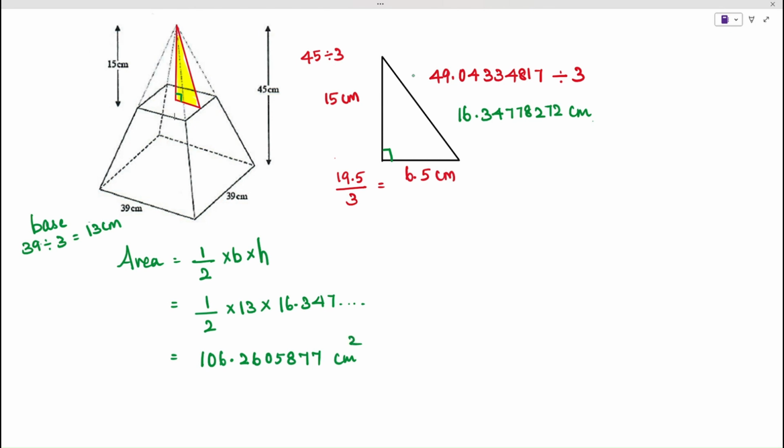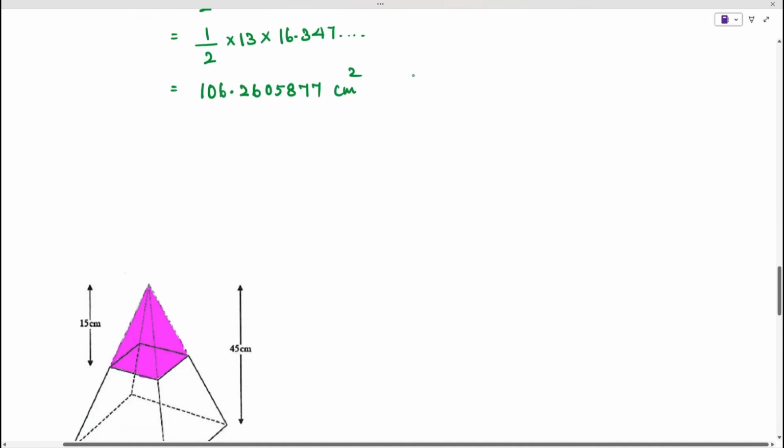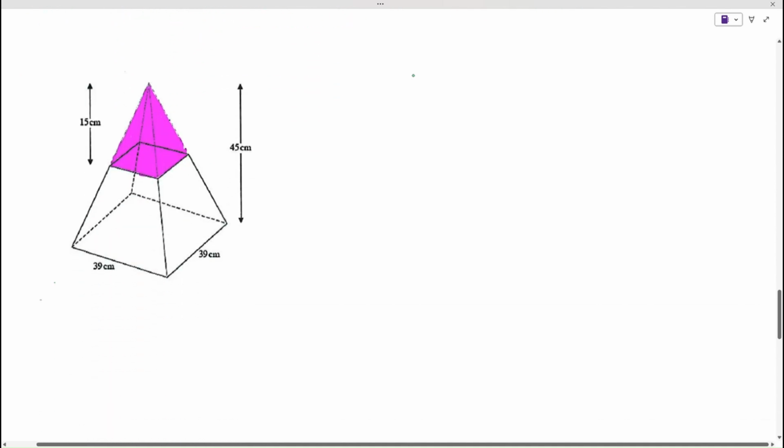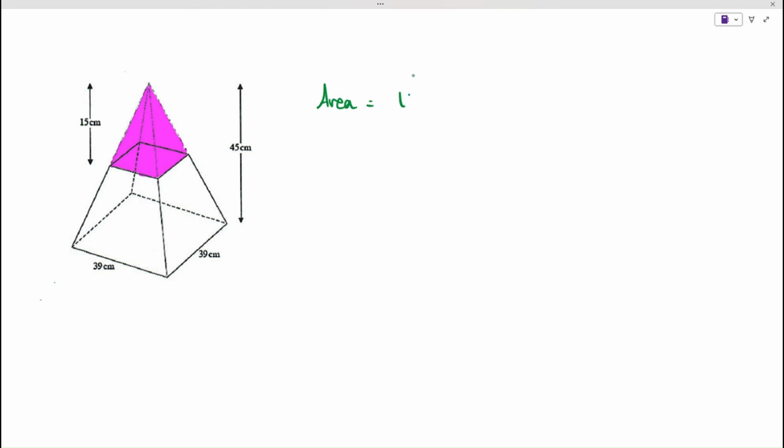Now, what we want to do is find the surface area of all 4 of them together. So we're going to multiply our value by 4. The area of one of our smaller triangles here was 106.2605877.